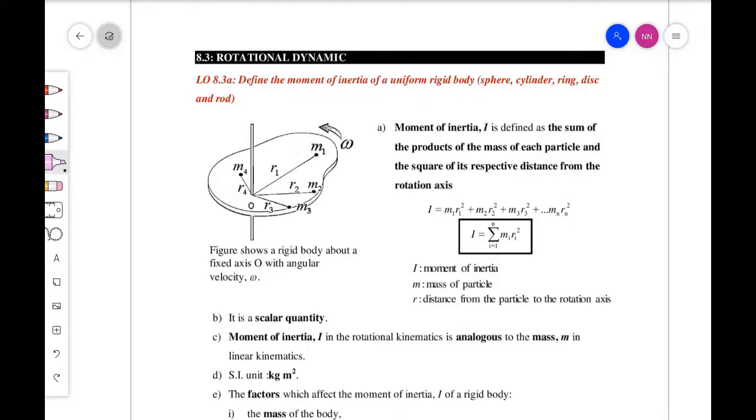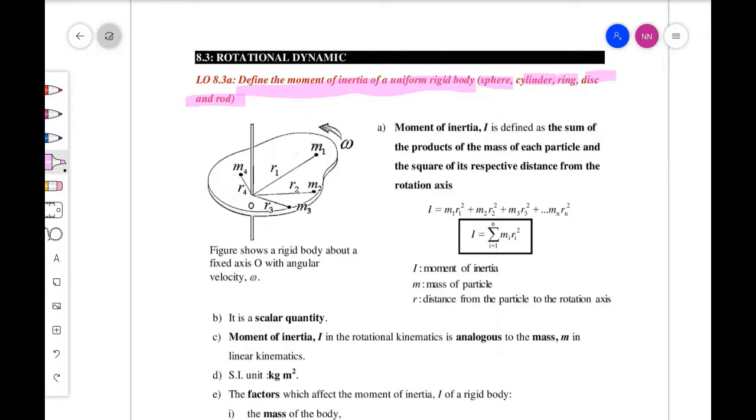8.3 Rotational Dynamic. For learning outcome 8.3a, define moment of inertia of uniform rigid body. Okay, so rigid body can be sphere, cylinder, ring, disc and rod. Okay, so kita dah sampai kepada subtopik 8.3 Rotational Dynamic, yang mana dalam subtopik yang ini objek buat rotational motion dengan constant angular acceleration alpha.